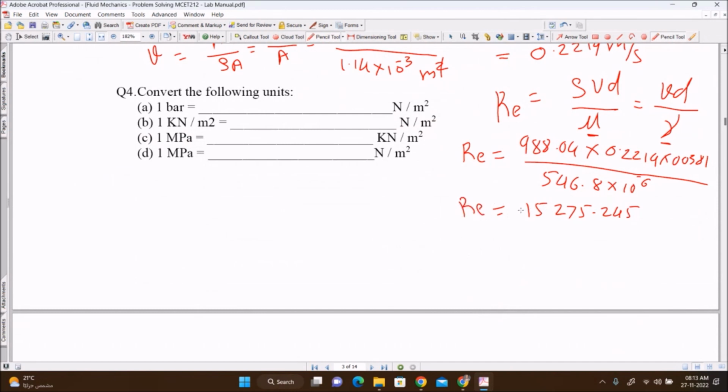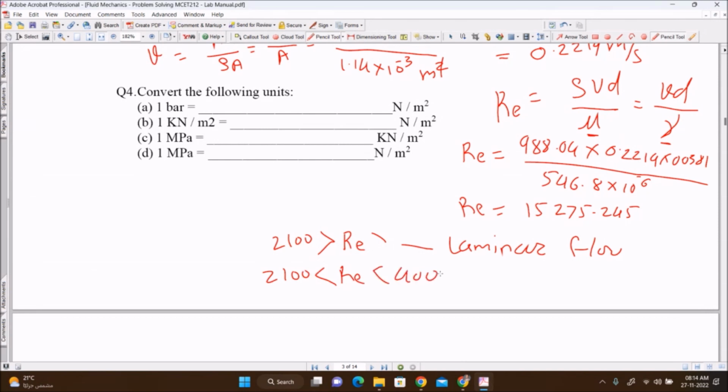It is asked to find out the type of flow. If the Reynolds number is less than 2100, it is called laminar flow. If the Reynolds number is greater than 2100 and less than 4000, it is called transient flow.